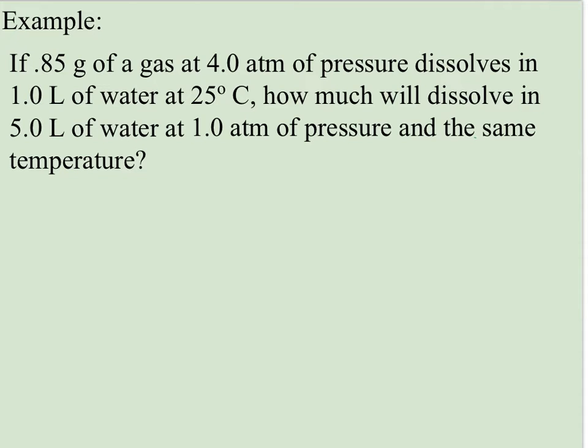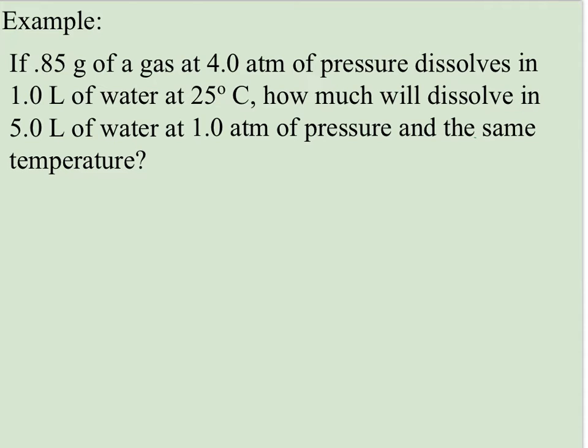So S1 over P1: S1 is 0.85 grams in 1 liter of water. So I could just put 0.85 grams per 1 liter of water, and the pressure was 4 atmospheres. For S2, I'm being asked how much will dissolve in 5 liters of water. Well, S2 is what I'm trying to figure out.